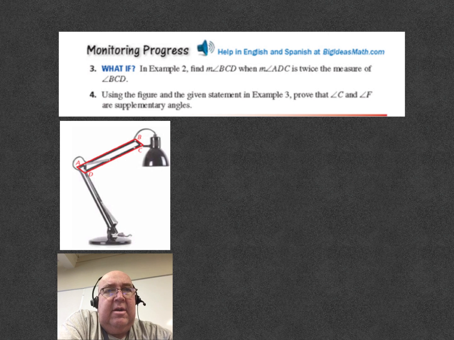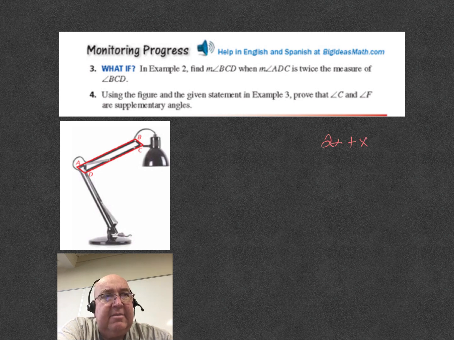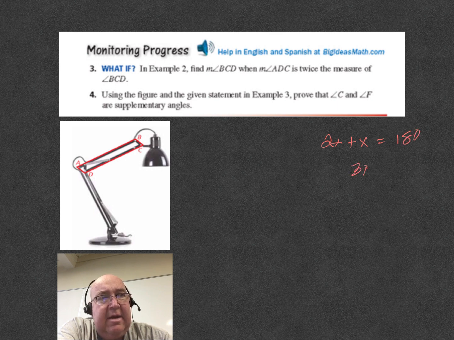Okay. I'm not going to do these. So let's say we want to find, for number 3, 2x plus x is going to equal 180, because they're supplementary. 3x is equal to 180.